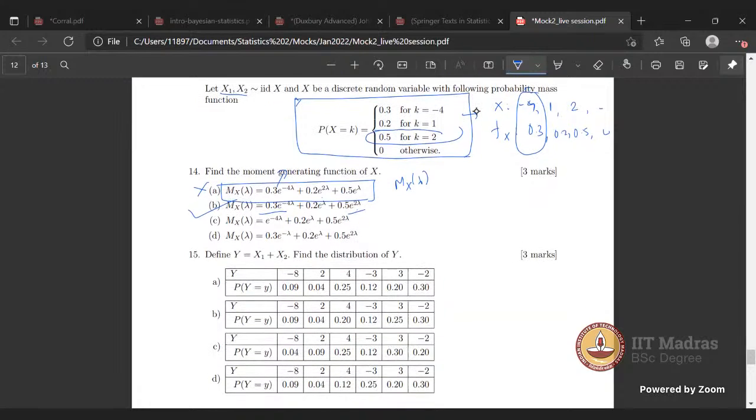So given a distribution, you can find the moment generating function and it is unique.